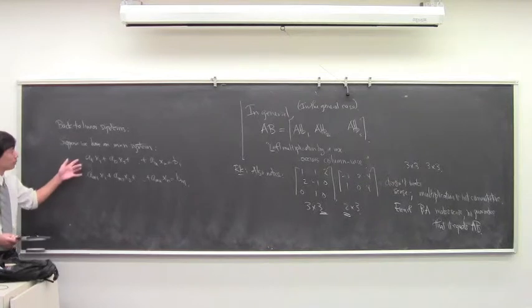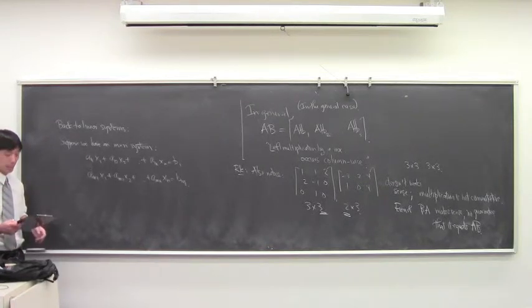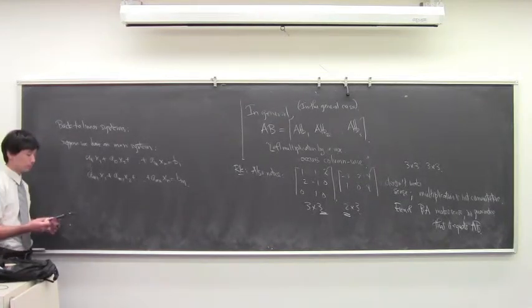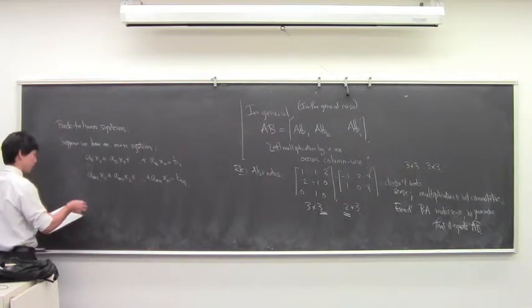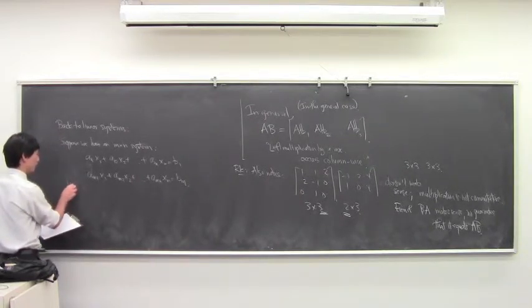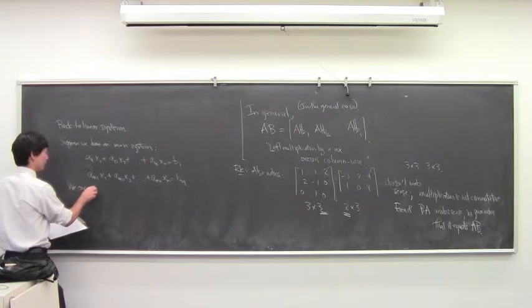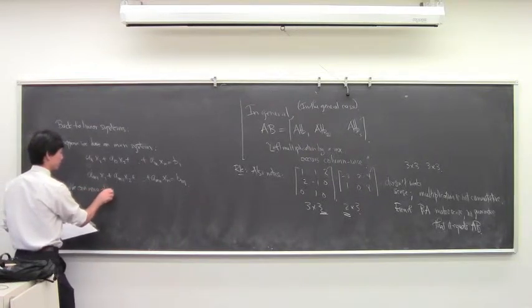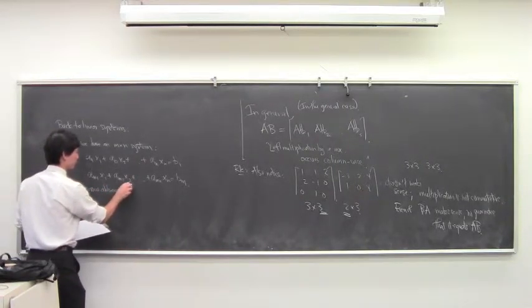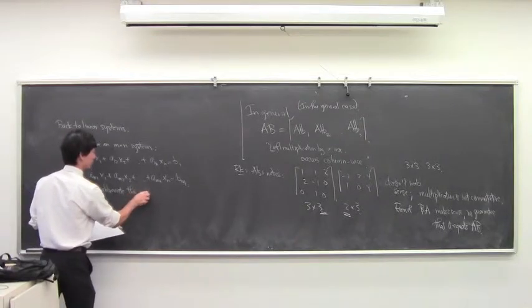So you've got a system of m equations and n unknowns. We can now abbreviate this as follows.